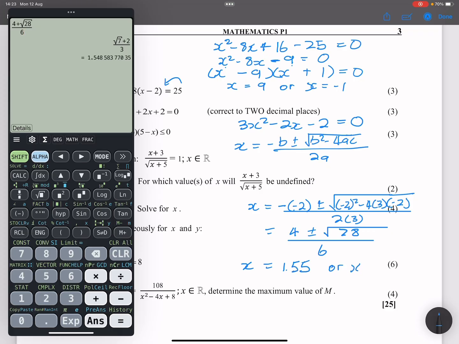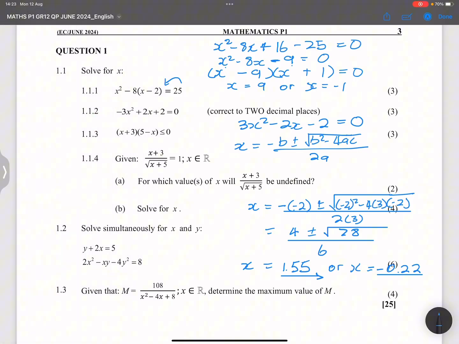Or in this case, x will be, if we put a negative there, 4 minus the square root of 28 over 6, and that will give us negative 0.22. There we've got our final answers, ladies and gents.